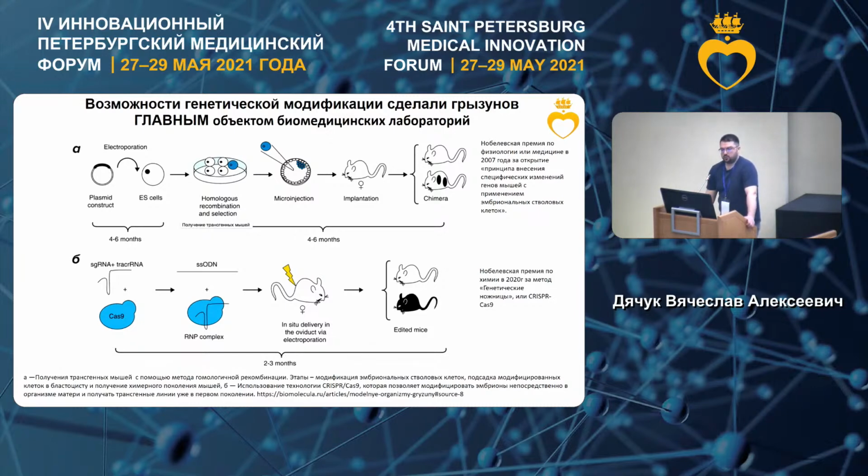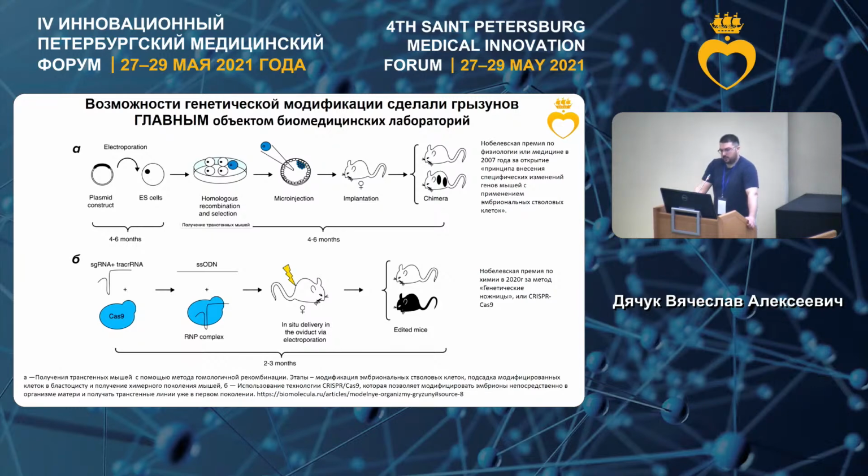You take a plasmid or a vector with the needed gene and introduce it into the embryonic stem cells, then you isolate only those cells that were subject to transformation, and you make a microinjection and implantation into mice, and you get chimeric mice. Those chimeric mice should be bred and multiplied to get a homozygote.